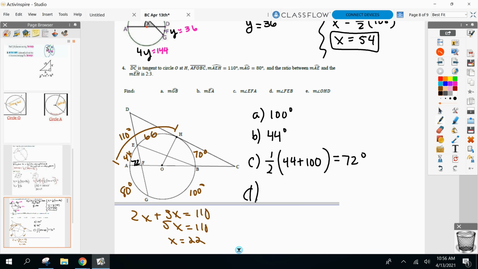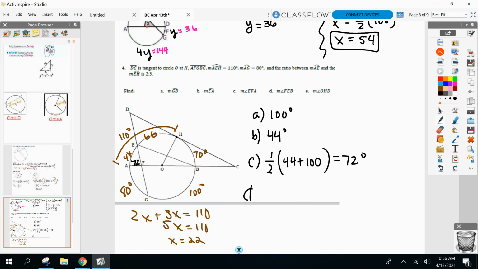All right, D. Angle FEB. Central? No. Is it inscribed? Yes, it is. FEB. Take a look. E is on the circle. FE is a chord, and so is EB. That's an inscribed angle, ladies and gentlemen.